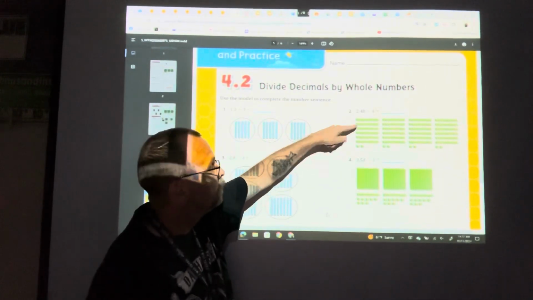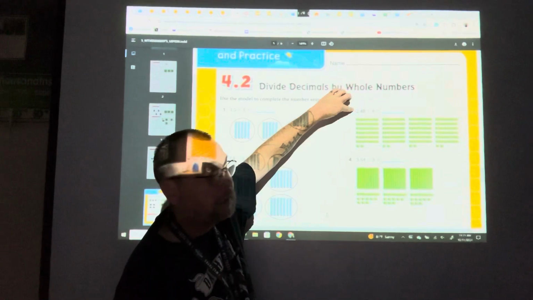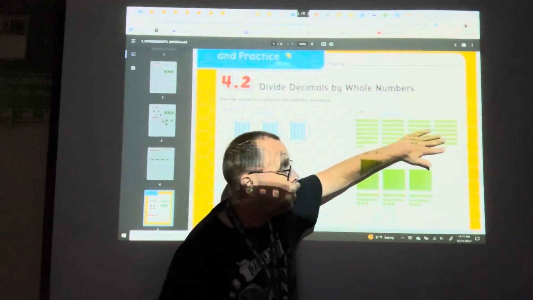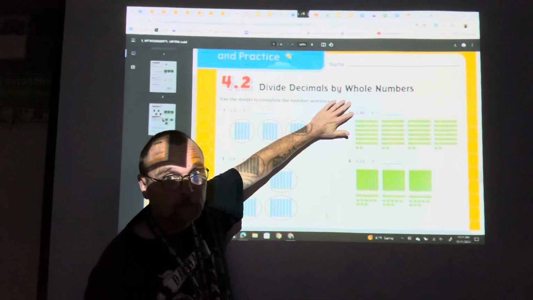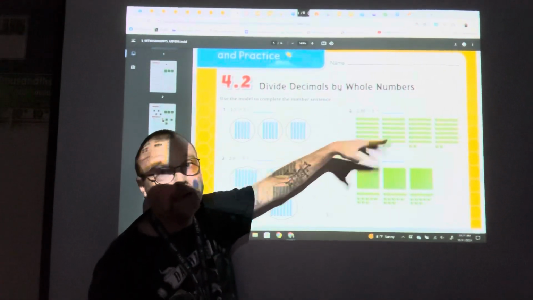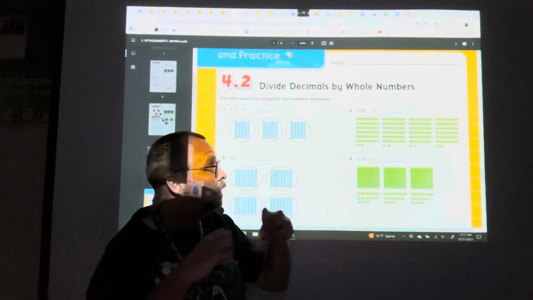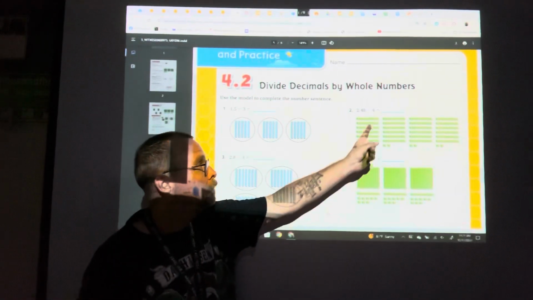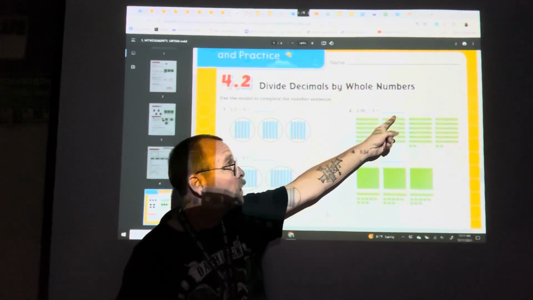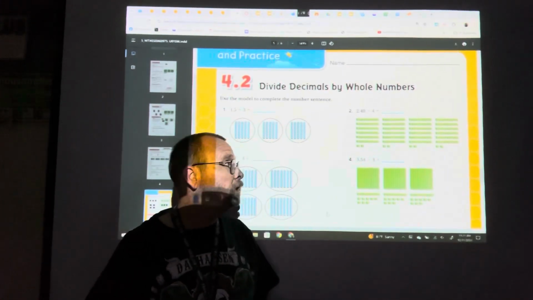This one over here, we start with 2 48/100. So if I put all of this together, I would get 2 48/100. That is my dividend. That is what I start with, and I break it into pieces, into groups. How many groups? 4 groups. My quotient is going to be how many in each group.